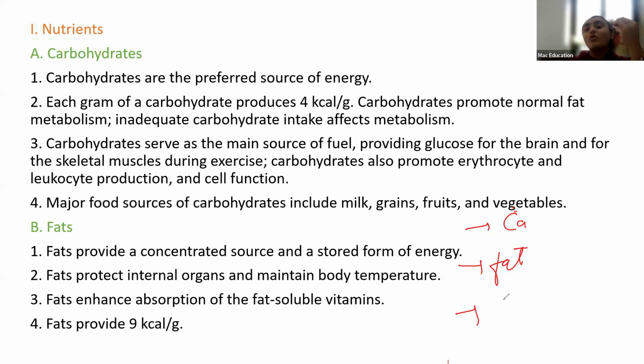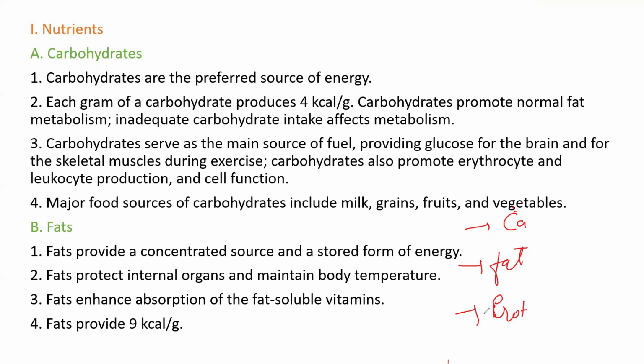And if there is no fat, then the body will break down protein, muscles, to get the energy. So the carbohydrate protects the fat metabolism. It won't affect the fat of the body if there is enough carbohydrate. If there is not enough carbohydrate, the metabolism will get affected and the fat breakdown will be initiated.